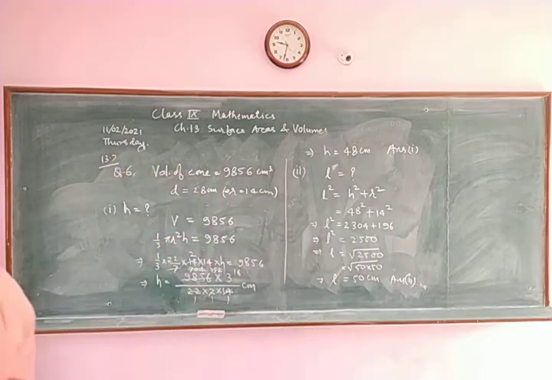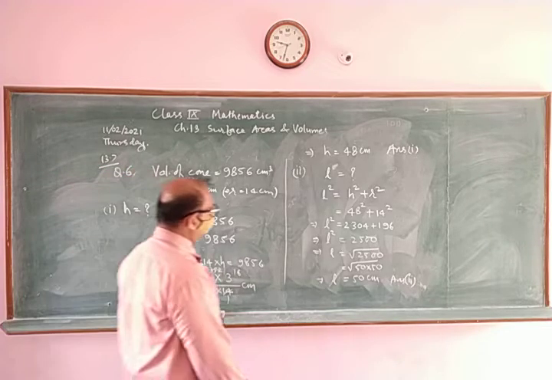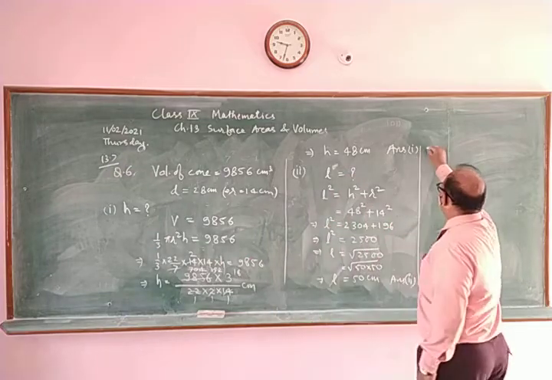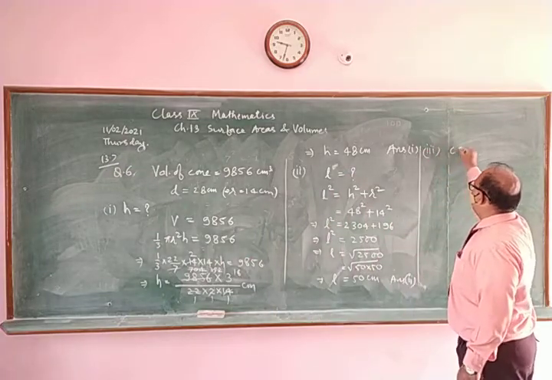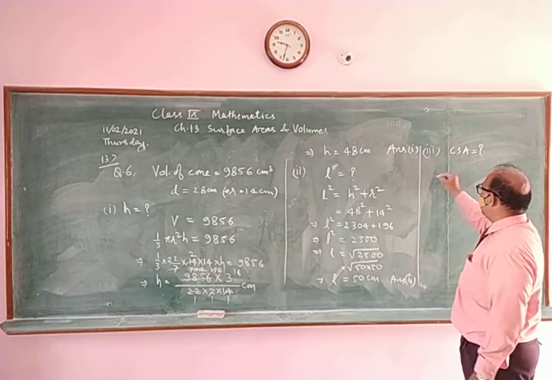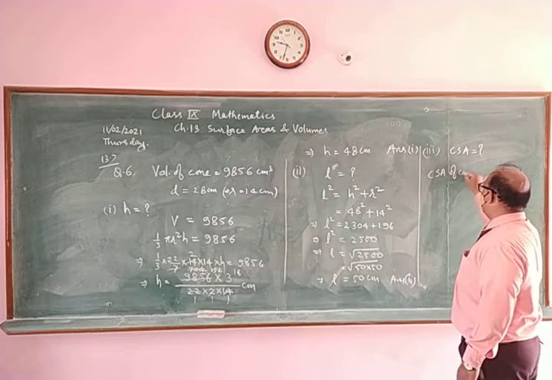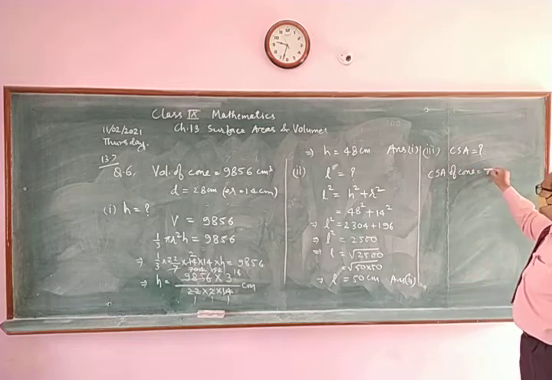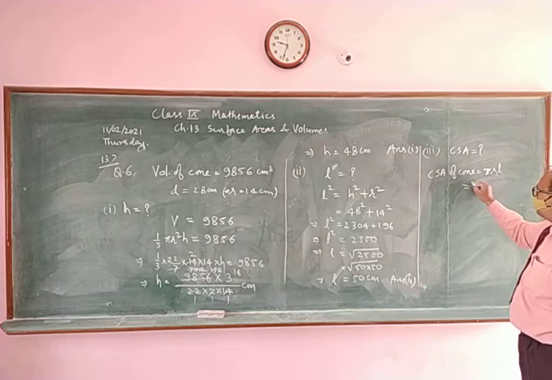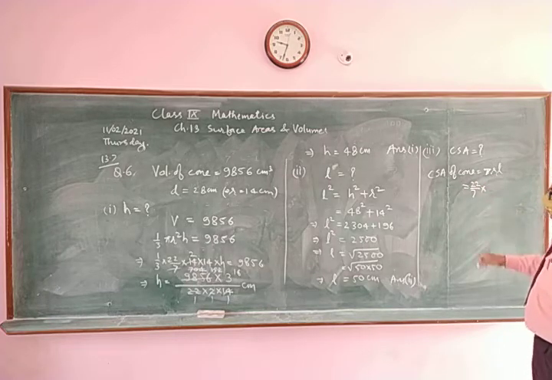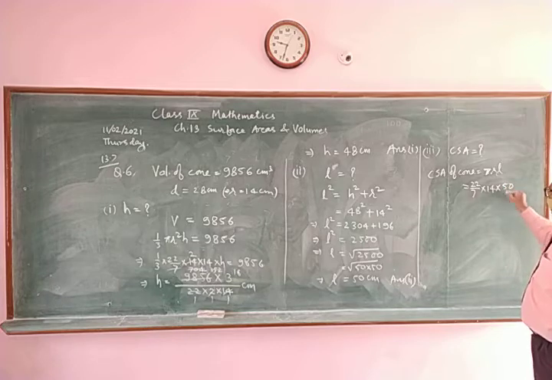Now the third part. Find the curved surface area of cone. What is the formula? Pi r L. Now you have L, you have R. Only you have to find the curved surface area. Number 3. Curved surface area of cone is equal to pi r L. Put the value 22 by 7, R is 14, L is 50.